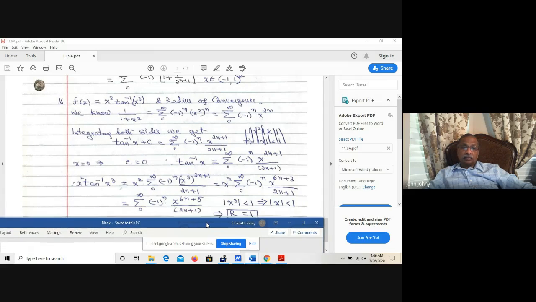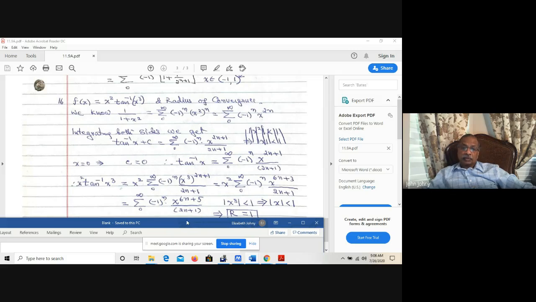And now multiply by x squared. You get 6n plus 3 plus 2 because x to the 2 is there. So it becomes x to the power of 6n plus 5. Sigma n varies from 0 to infinity, negative 1 to the power of n, x to the power of 6n plus 5 divided by 2n plus 1.